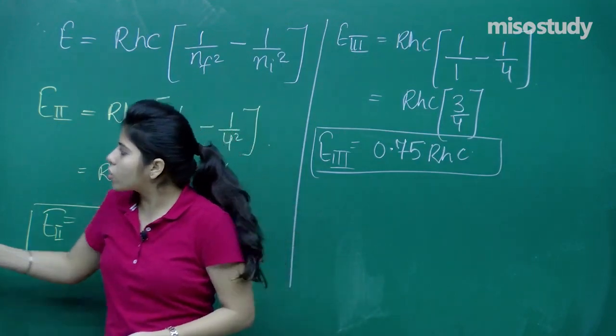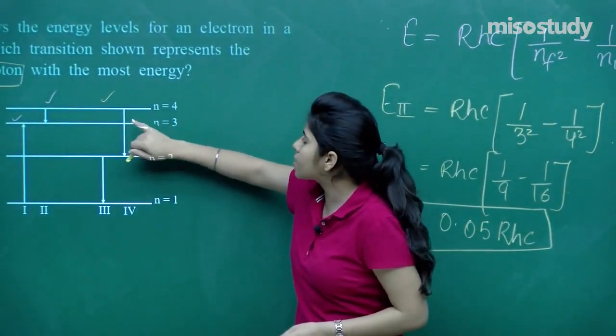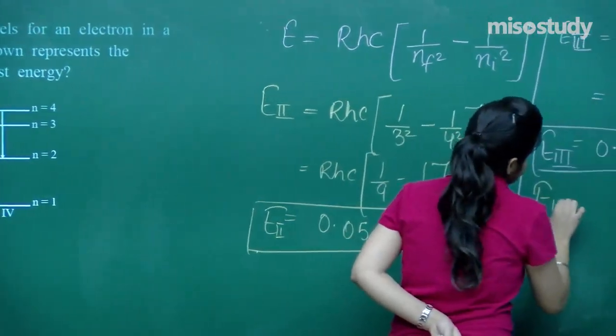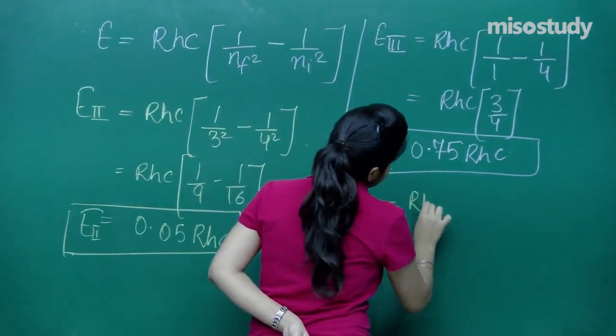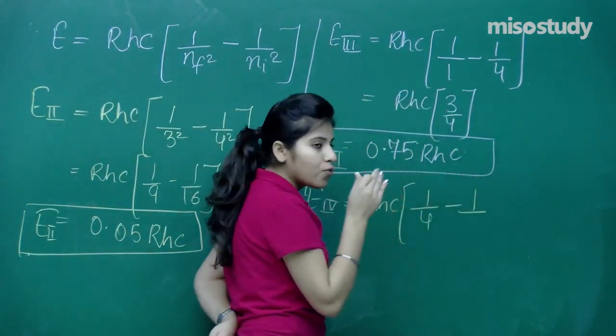Now for the electron coming from 4 to 2, that will be RHC times 1 upon 2 square minus 1 upon 4 square.